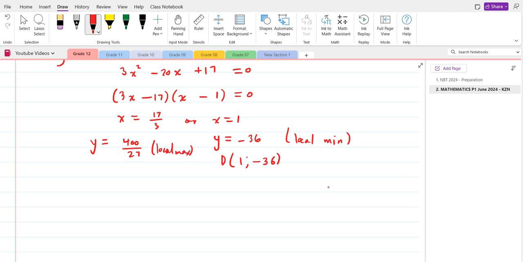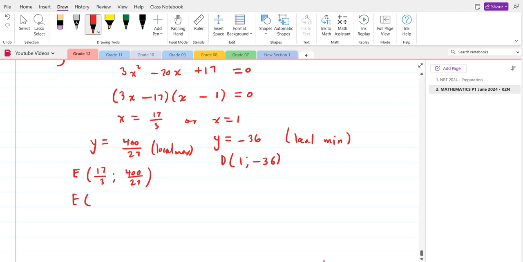Or you can just say maximum. So coordinates of D and E. E is 17 over 3 and 400 over 27. You can write it in coordinate form. E is what is 17 over 3?